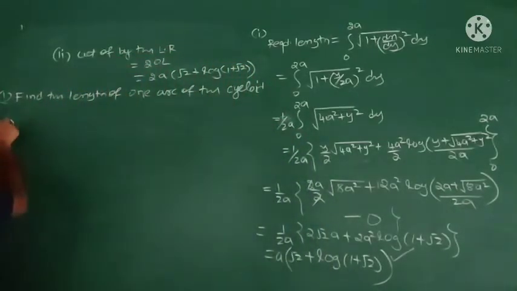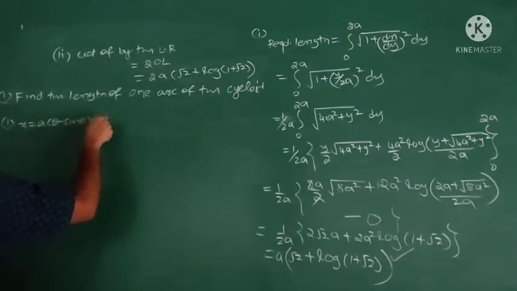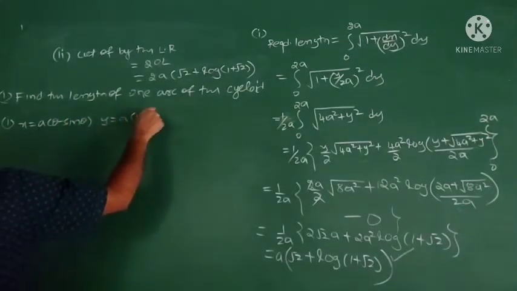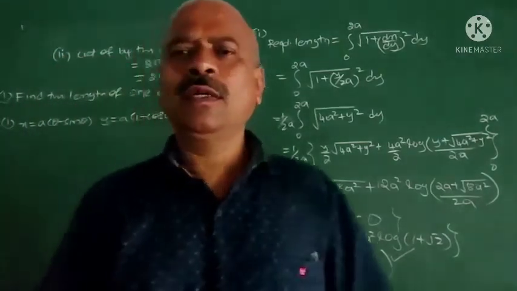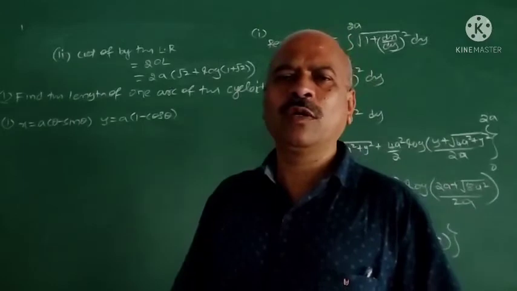First one: x is a into theta minus sin theta, y is a into 1 minus cos theta. There are 4 cycloids, you know that one. Already I explained the shape of all the 4 cycloids.